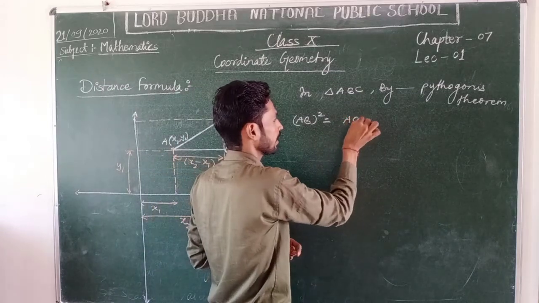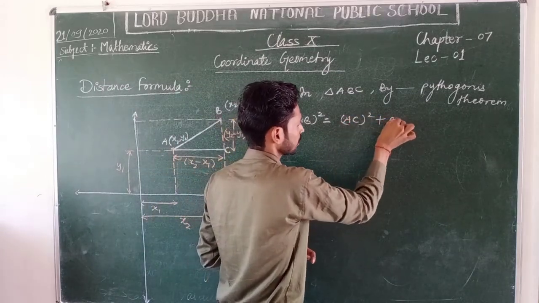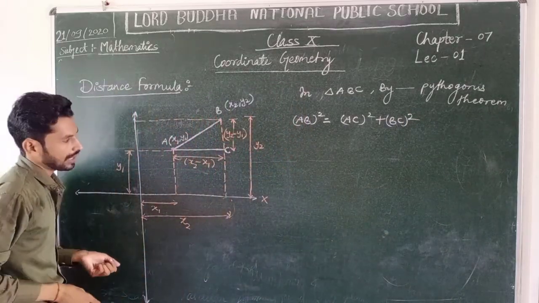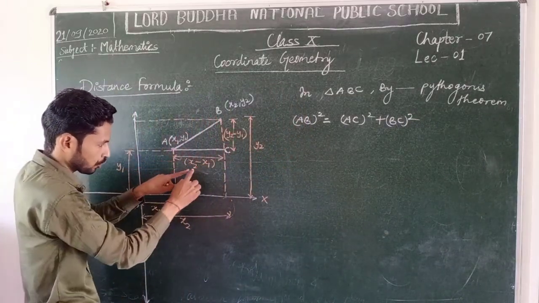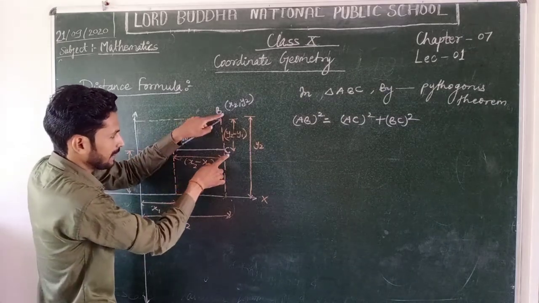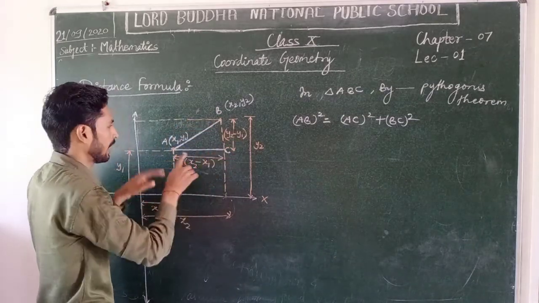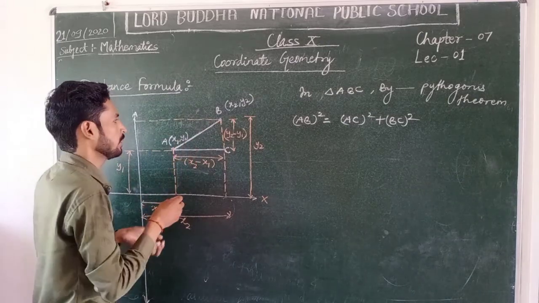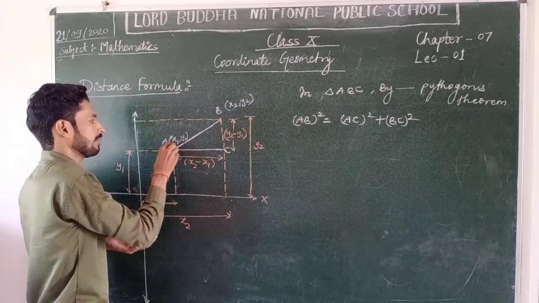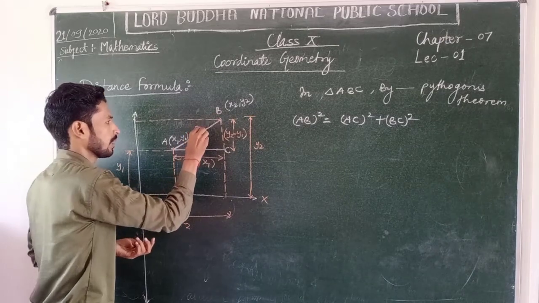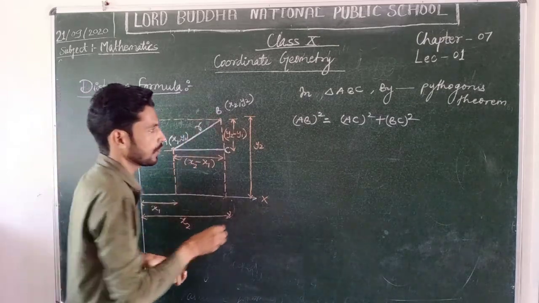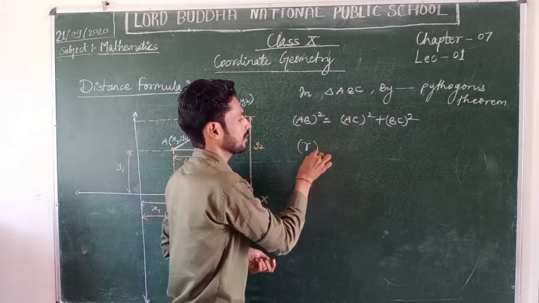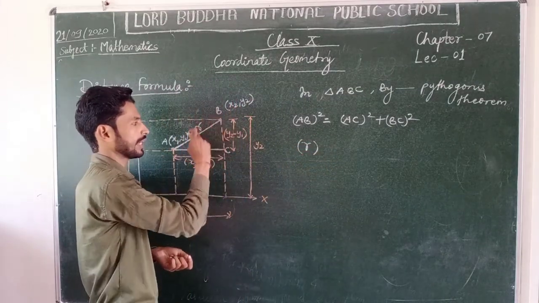So right here, AC square plus BC square. Now what is the value of AC? x2 minus x1, and the value of BC is y2 minus y1, and the value of AB is what we are going to find. Suppose that the length between A and B is R. Okay, so in place of AB, we are putting here R. Suppose that R is the distance between point A and B.